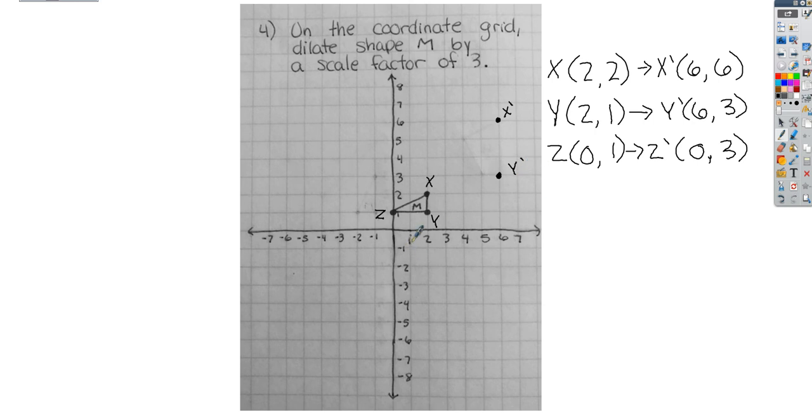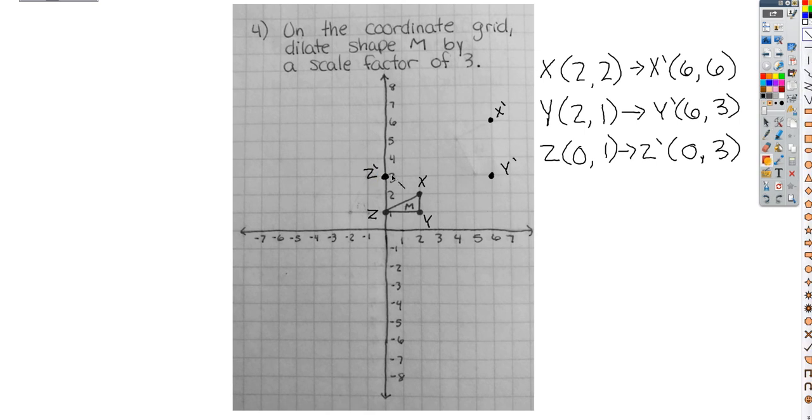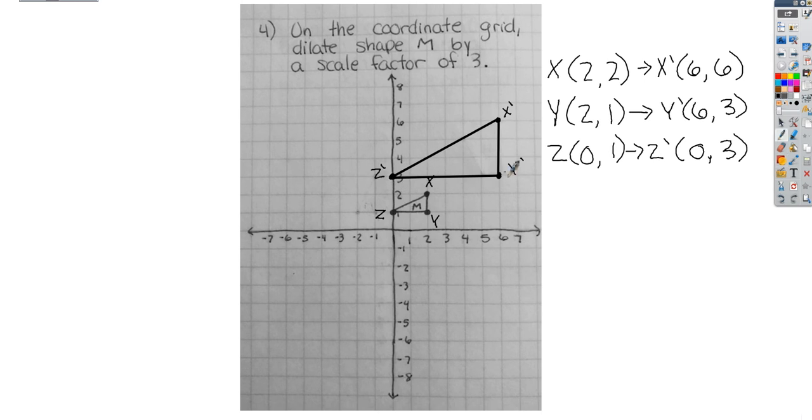And for Z prime, we're going to go over none because it's 0, and we're going to go up 3. So this is Z prime. And now all we need to do is connect those lines, and we will have our dilated figure. So that is now M prime. That's all we had to do. We just found our original ordered pairs, multiplied them by 3, and got our new set of ordered pairs and plotted them. Okay?